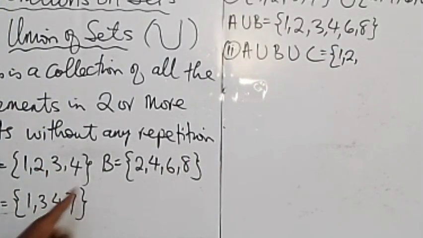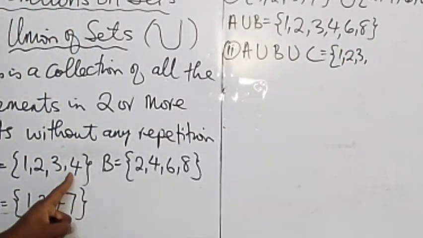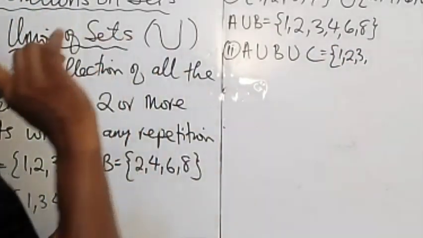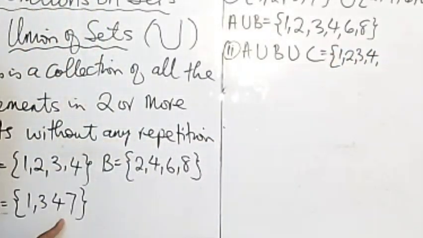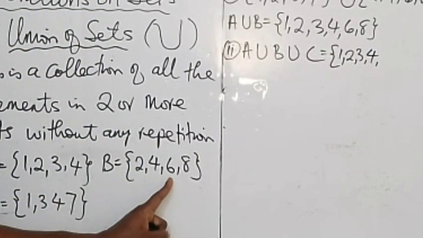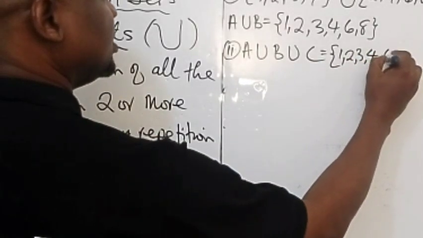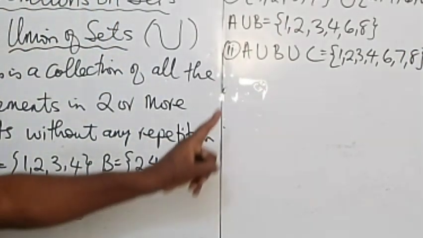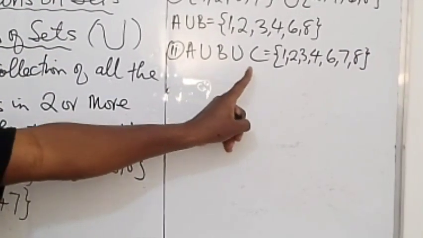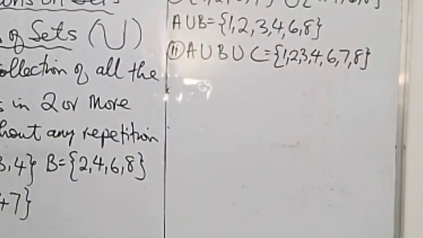There's 3 here, but there's no 3 here, so it's also a member. 4, 4, and 4. They say no repetition, so we will take only one 4. There is a 6, a 7, and an 8. So this is A union B union C. That is for union of sets.